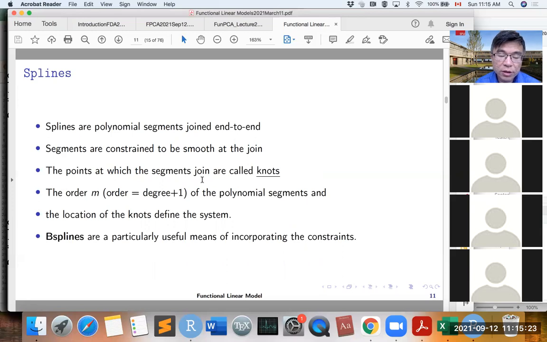This joint point is called a knot. The order of the spline is equal to the degree plus 1 of the polynomials. So we define the order of the polynomials and the location of the knots, and then we define the B-splines.